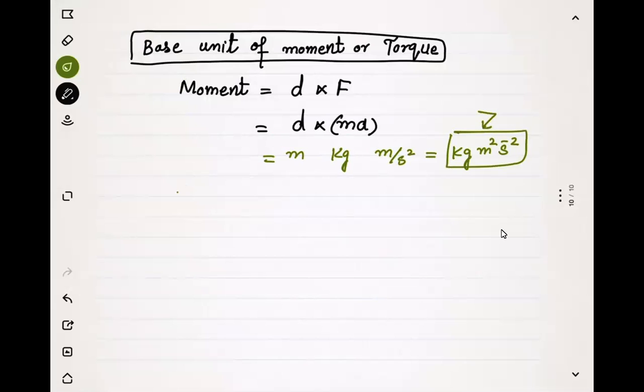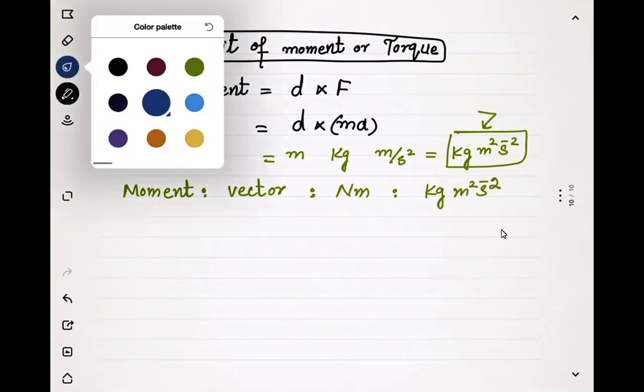So moment, which is a vector. Its unit is Newton meter, and its base unit is the same as the base unit of energy, kilogram meter square second minus 2.